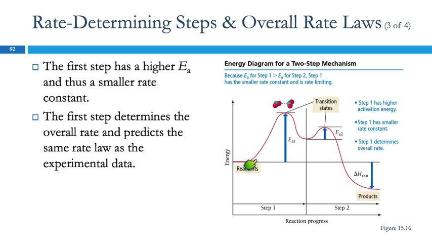The first step is slower because it has a higher activation energy. So the reactants, these two combine to form this transition state, and it takes a fair amount of energy to do that. Then once it gets enough energy to get over this hump, then it can come to another transition state, but this is going to have a lower activation energy.